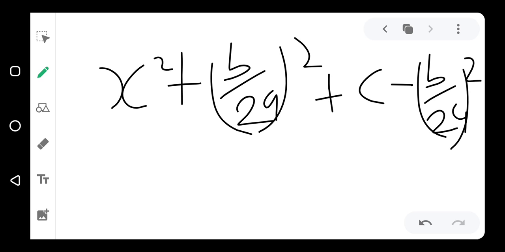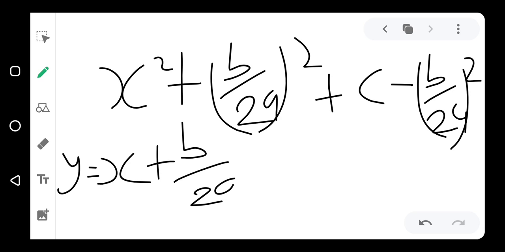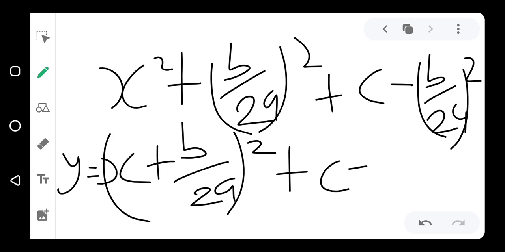Now this gives us y equal to x plus b over 2a, then squared, plus c minus b squared over 2 squared a squared.